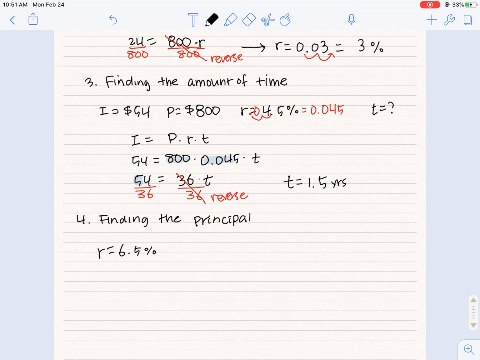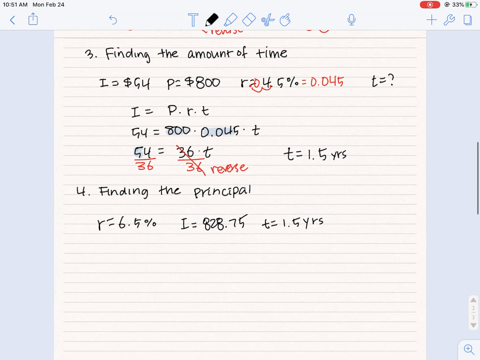And interest is going to be 828.75, and then time for 1.5 years. I have to find out the principal.